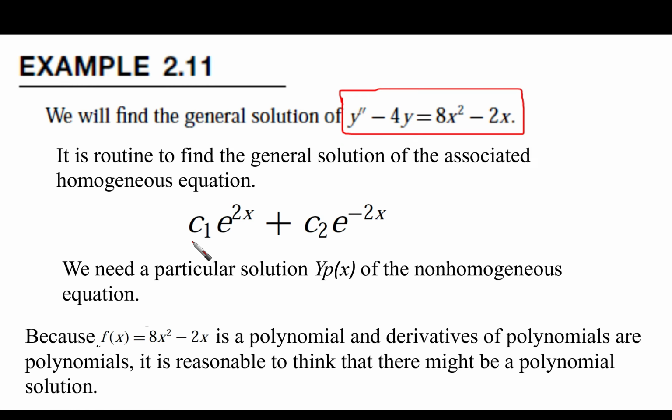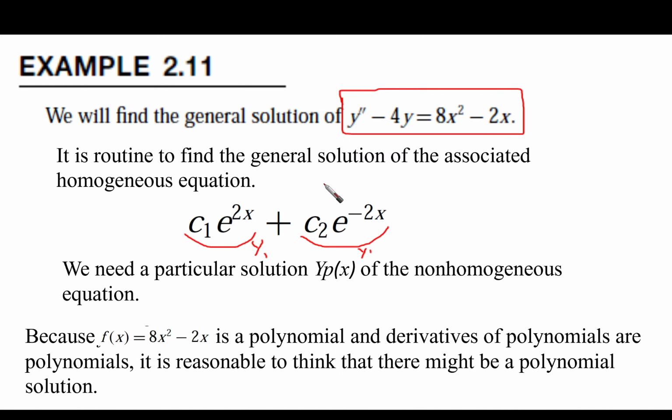Then the general solution for the associated homogeneous equation is c1 e to the 2x plus c2 e to the minus 2x. This is like y1 and y2 here.